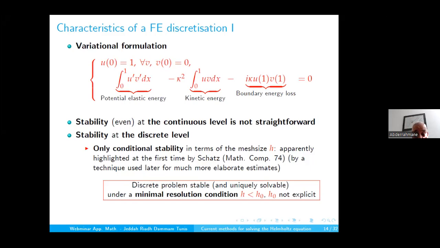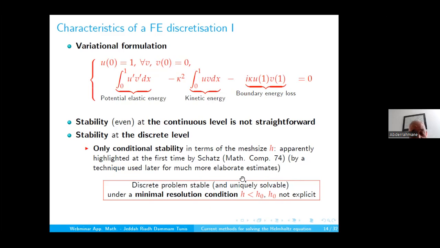In fact, the first breakthrough for the analysis of the stability of this problem was probably made by Schatz in an article in 74. By a very interesting technique, which was used later for much more elaborate estimates. And contrary to static problems, for instance, the stability is not guaranteed independently of the mesh.